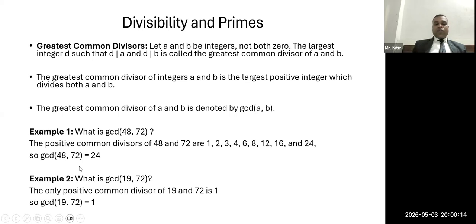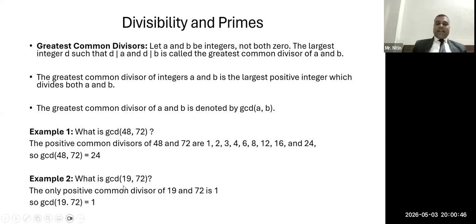Likewise, in example number 2, the greatest common divisor of 19 and 72. The only positive common divisor of 19 and 72 is 1, guys. We don't have any number other than 1 which is a common divisor of 19 and 72.